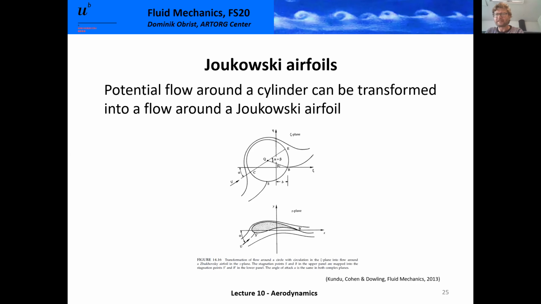If you take this complex potential and do the Joukowsky transformation, which I admit is a bit of work on pen and paper, but it's technically straightforward to do, you will get the complex potential for this airfoil you see on the bottom. If you take the real part, you immediately have the potential. If you take the imaginary part, you automatically have the stream function, and you can directly plot streamlines for this complex flow solution.